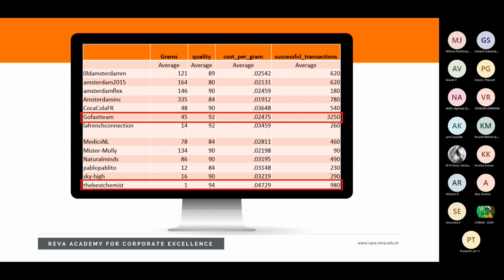But when you look at the quality, 94 is the quality, guys. It's on the highest side. It is the highest. So when it comes to the best chemist, he is like the Ferrari or the Louis Philippe or the Van Heusen, right? Limited quantity, highest quality. Cost per gram is 0.04, which is understandable. And then the successful transactions that he has done is 980.